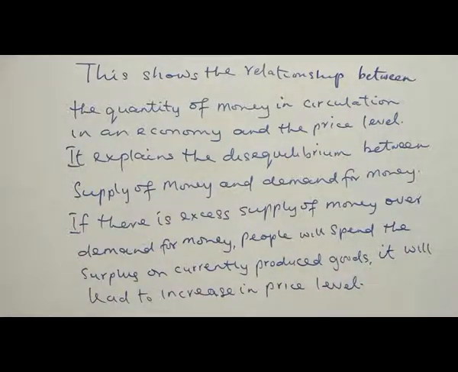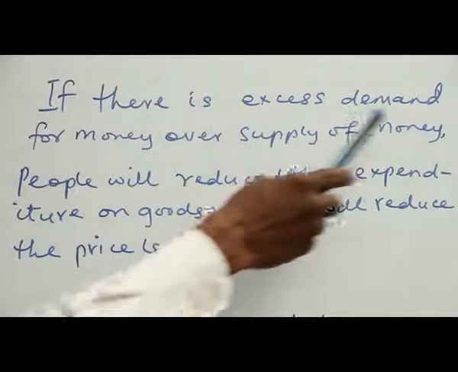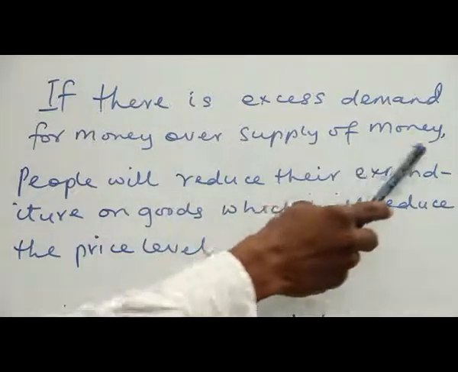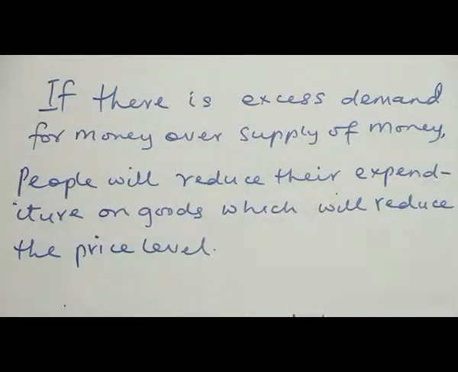That is, if goods and services are not increased with the increase in the supply of money, prices of goods and services will go up because supply of money is greater than demand for money. So that is one of the areas that quantity theory of money is trying to let us understand. Let's move further. If there is excess demand for money over supply of money, what is going to happen?